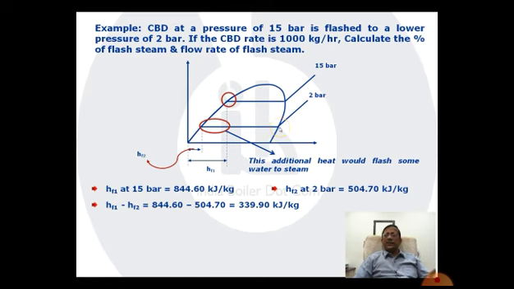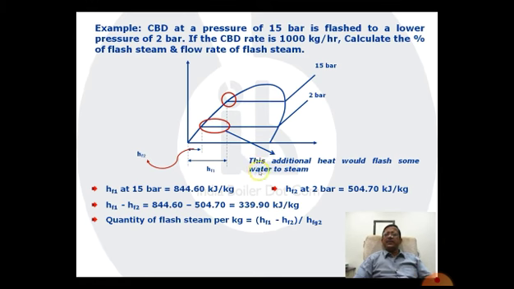Now if I had the total HFG at 2 bar, then 1 kg of water would become 1 kg of steam. But I do not have the total HFG. So let us say that is HFG2. The fraction of this heat over HFG2 will be the amount that becomes steam. So the quantity of flash steam will be (HF1 minus HF2) by HFG2.